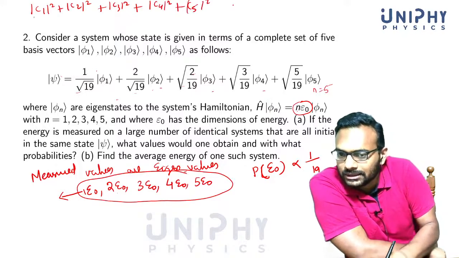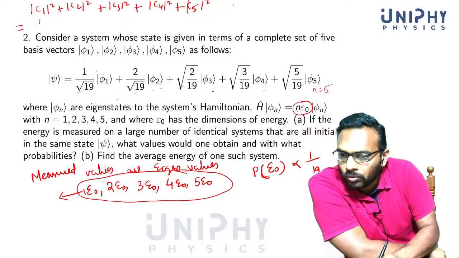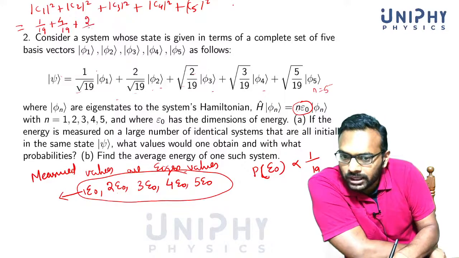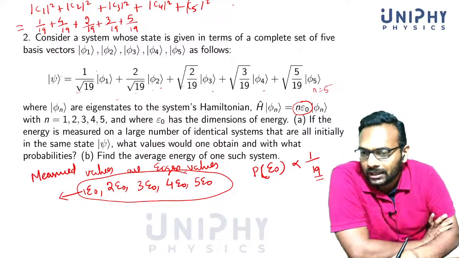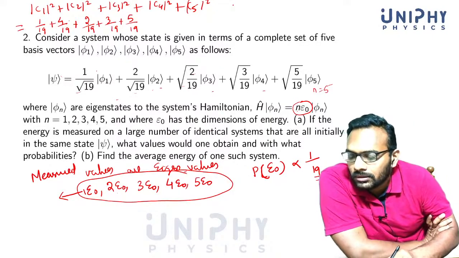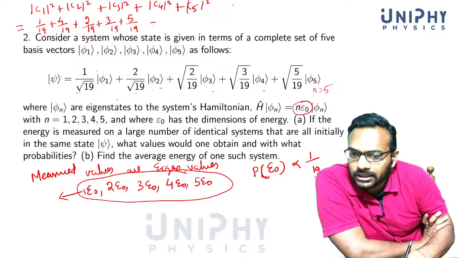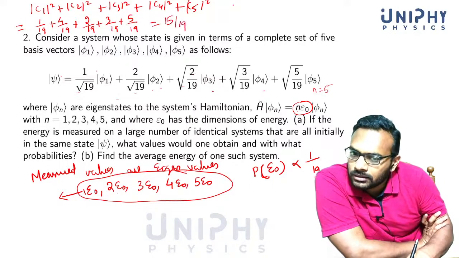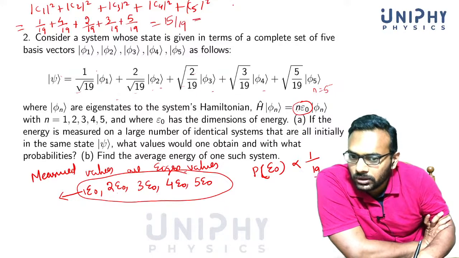You calculate this, and what do you get? This is equal to 1 by 19 plus 4 by 19 plus 2 by 19 plus 3 by 19 plus 5 by 19. Just square and add all this. What do you get? 15 by 19. This is not equal to 1.